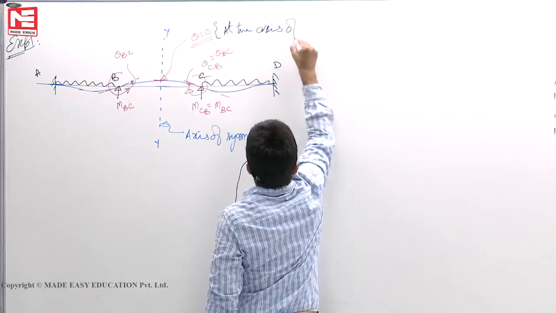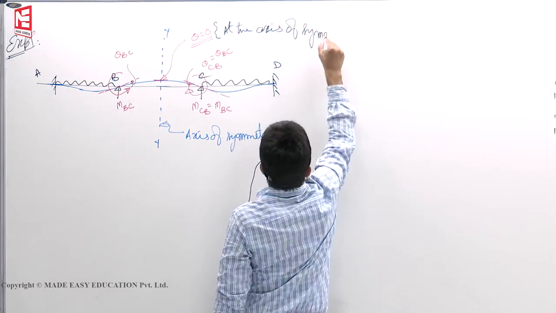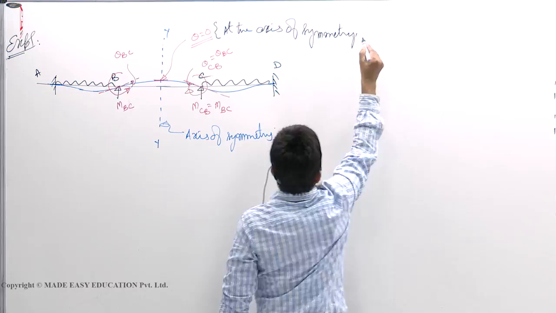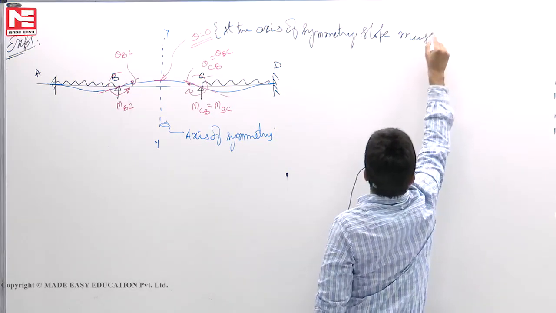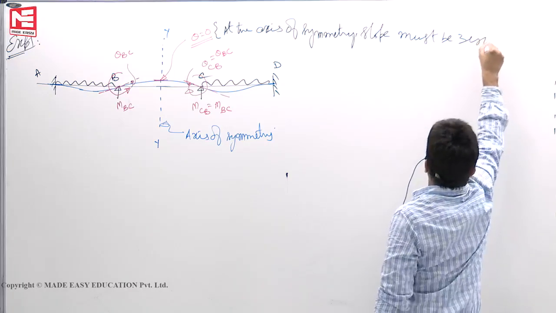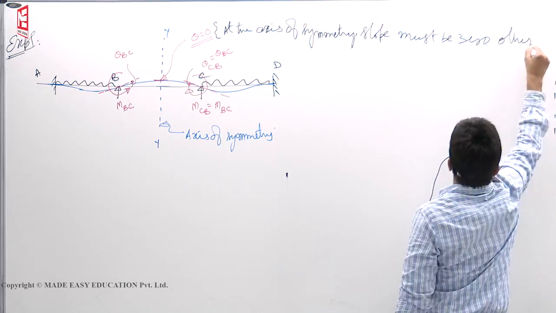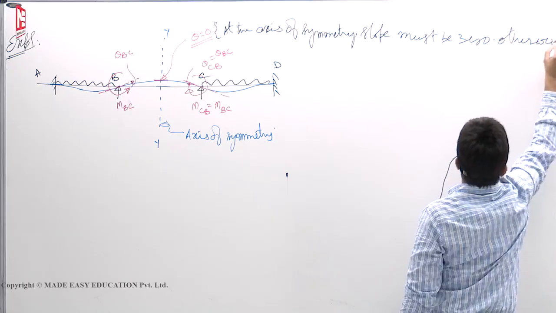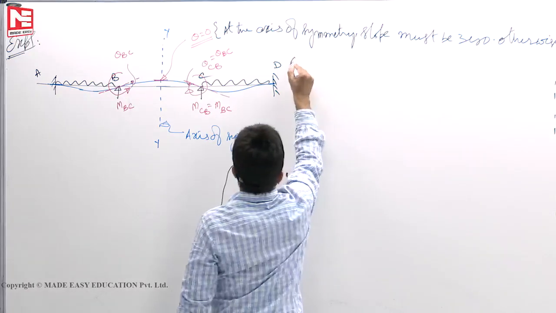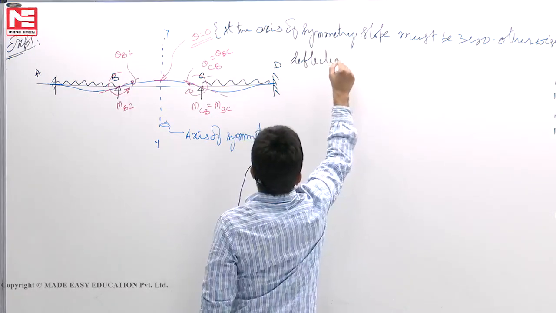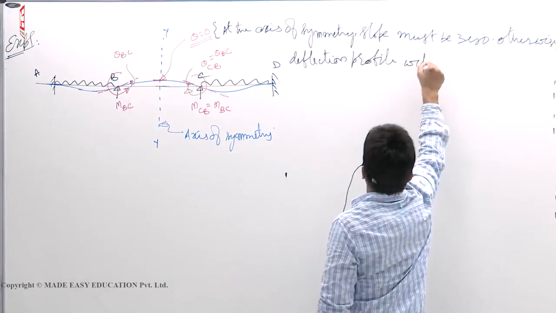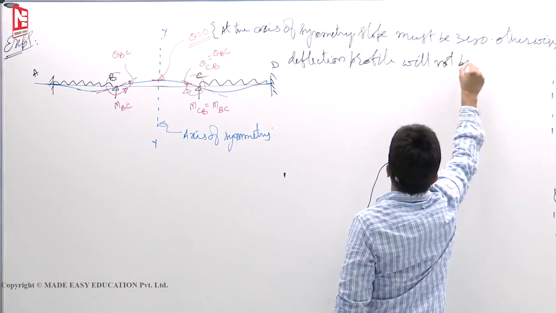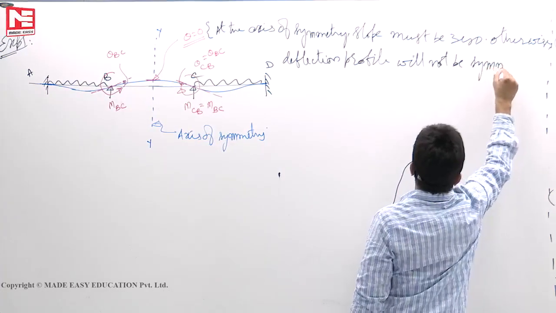At the axis of symmetry, slope must be 0, otherwise the deflection profile will not be symmetrical.